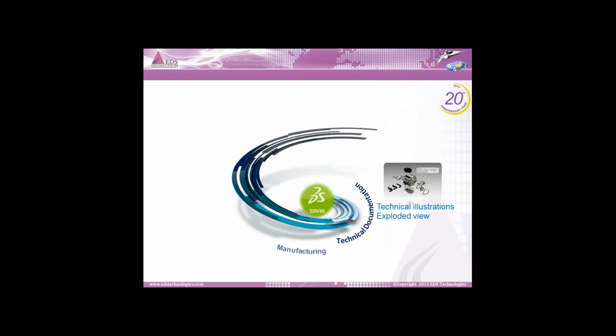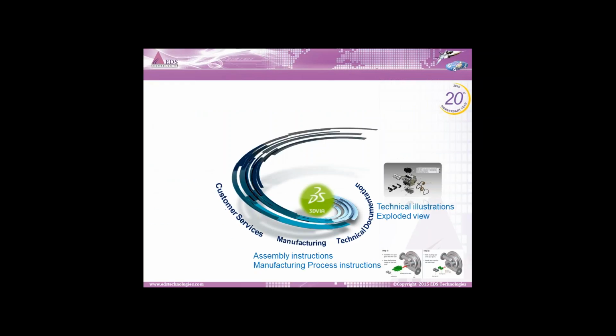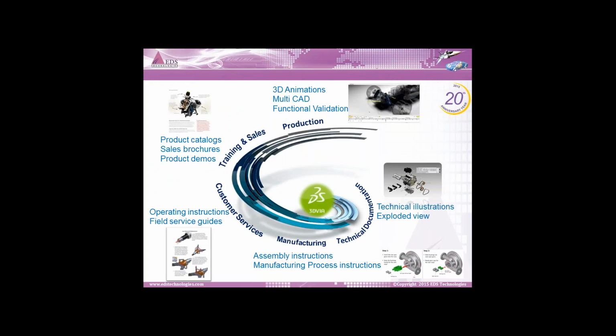So how it is useful, I'll just show. If you go with technical documentation, we can make use of technical illustrations and explorer views. With manufacturing, assembly instructions and manufacturing process instructions can be given. Customer service guys can convert everything into operating instructions and field service guides.